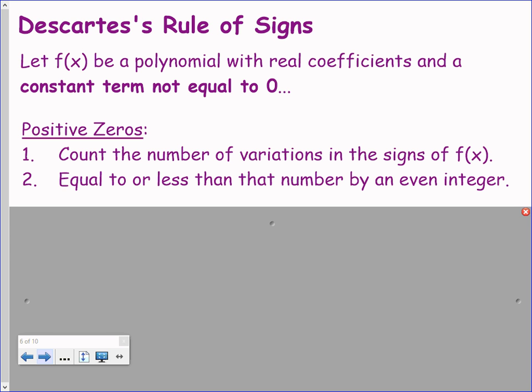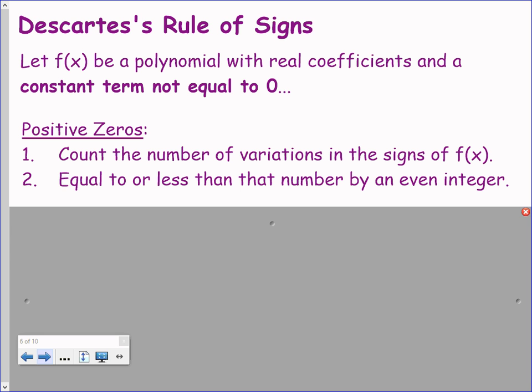For positive zeros, you're going to look at the original function f of x, and you're going to count the number of variations in the signs from term to term. So you look from the first term to the second term, sign change, yes or no. Second term to the third term, sign change, yes or no. Whatever number you count for the number of sign changes in the original polynomial, the number of positive zeros will be equal to that number or less than that number by an even number.